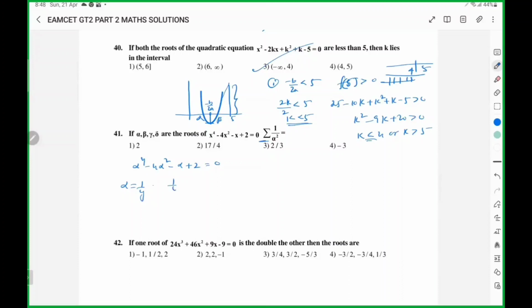Then we get 1 by y power 4, 4 by y square minus 1 by y plus 2 equals 0. That is 1 minus 4y square minus y cubed plus 2y power 4 equals 0, so 2y power 4 minus y cubed. For this equation, 1 by alpha is a root.